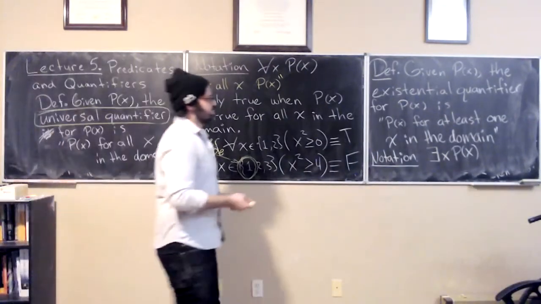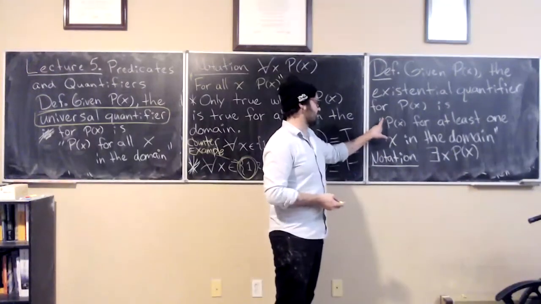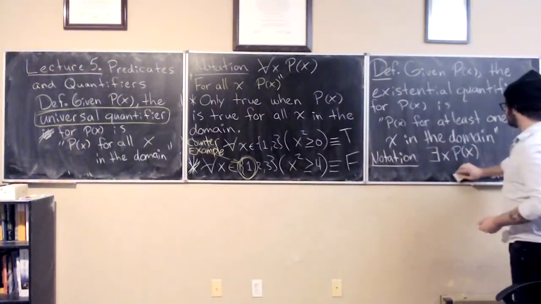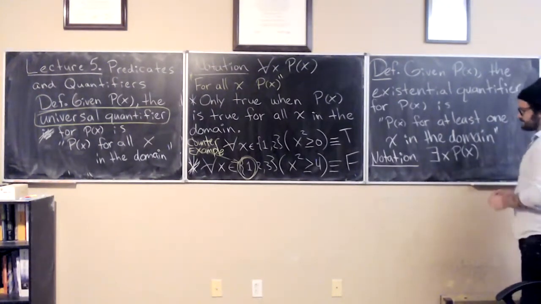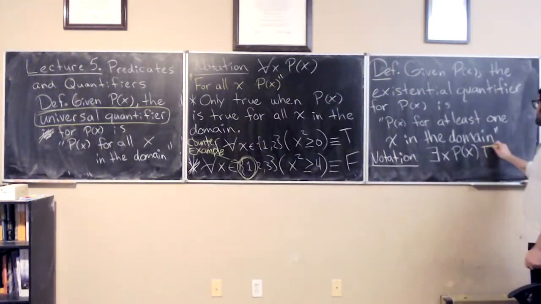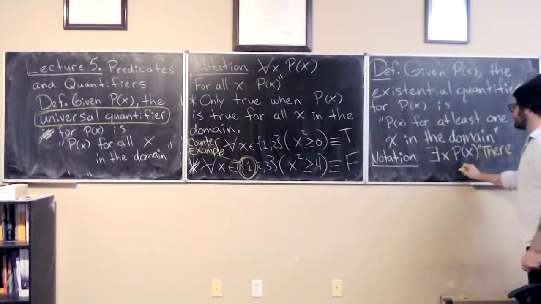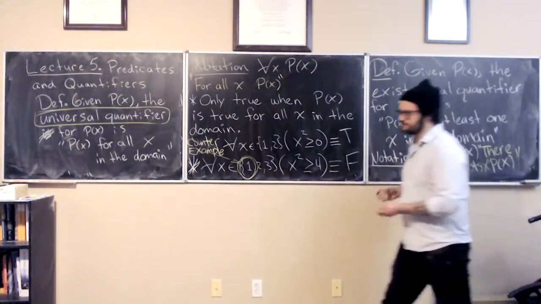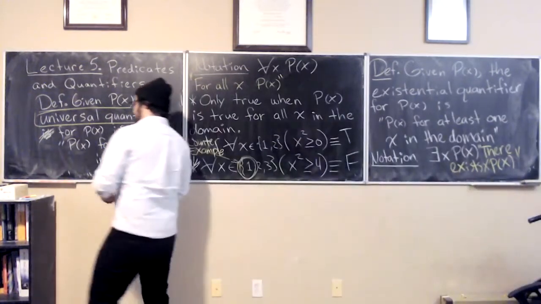I might say this sometimes, but typically when I'm encountering the existential quantifier, I'll say, there exists p of x, or there exists x p of x. That's how I would read that symbol.